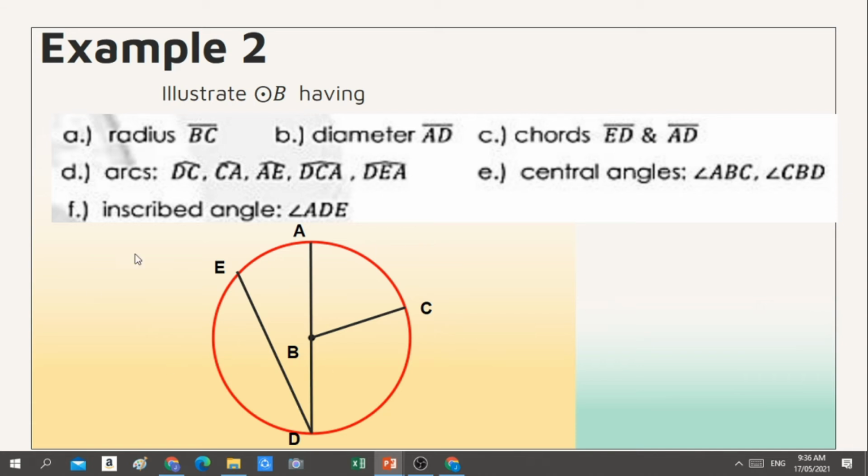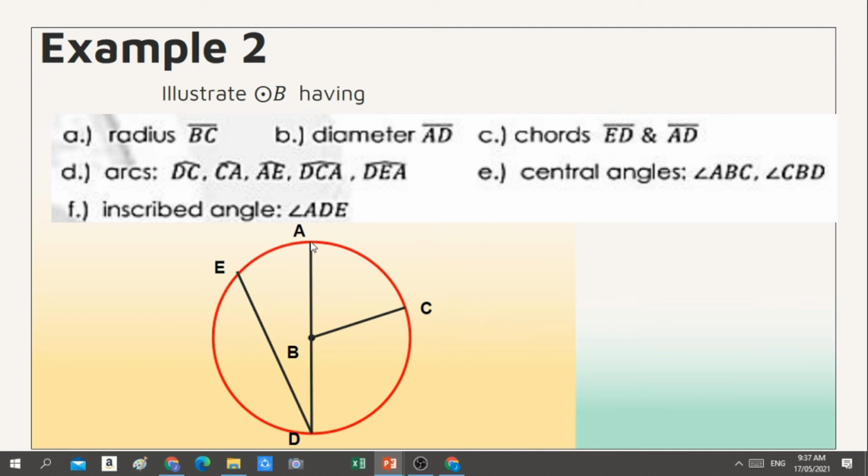So, considering those parts na nagawa na natin, let's have arc DC, tingnan natin. Okay, so we have arc DC there, arc CA, arc AE, arc DCA, ayan, we have semicircle, and then DEA, okay, another semicircle. Okay, and then let's have the central angles. So we have two central angles na formed.